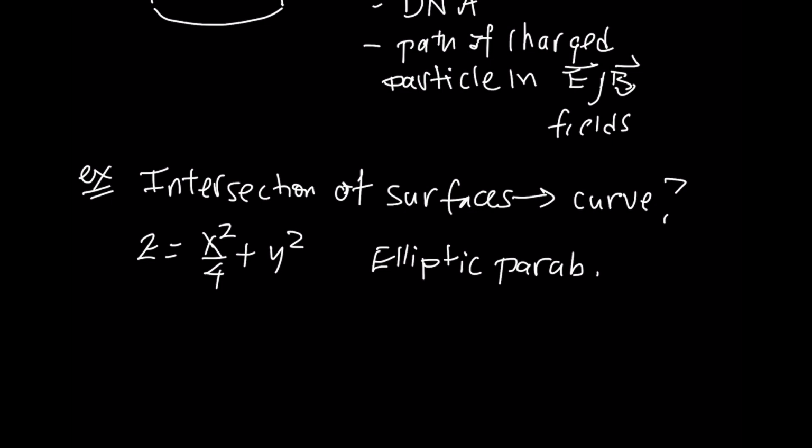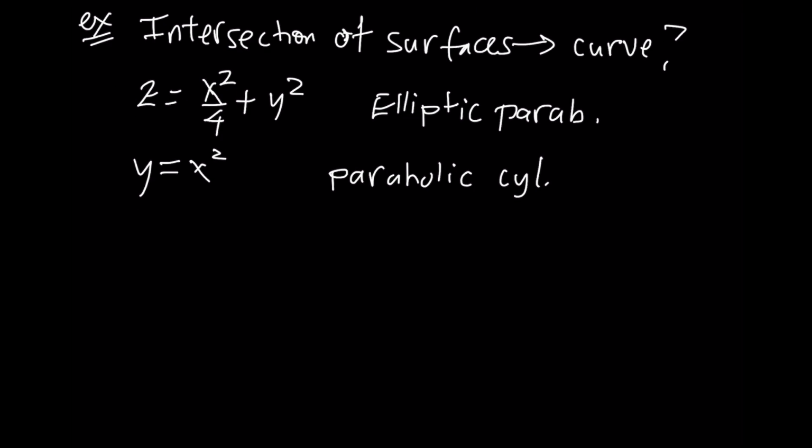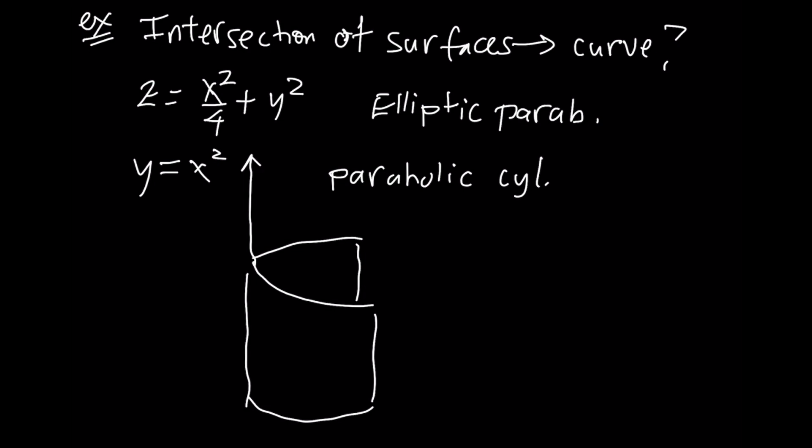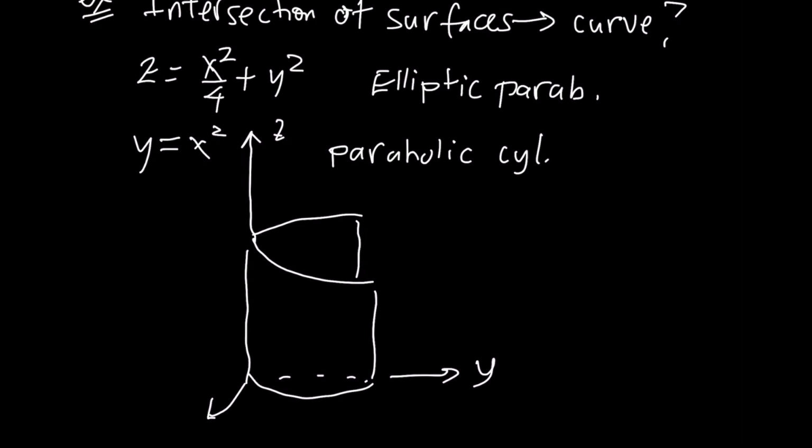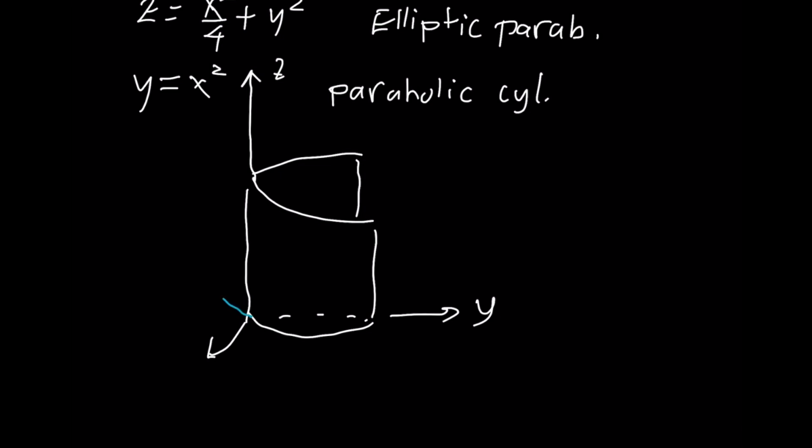Y is equal to x squared, well, this is a parabolic cylinder. I would like to know how these things intersect. A parabolic cylinder kind of looks like the curve y equals x squared, except it extends in the z direction in three-dimensional coordinates. And the elliptic paraboloid is essentially a bowl shape.